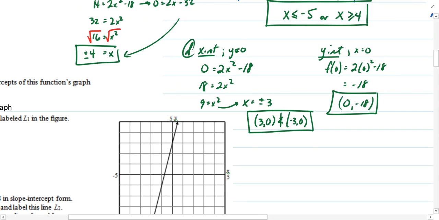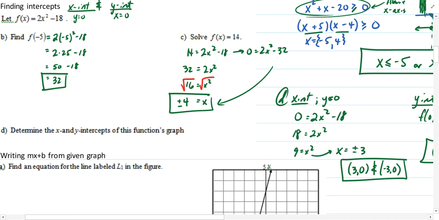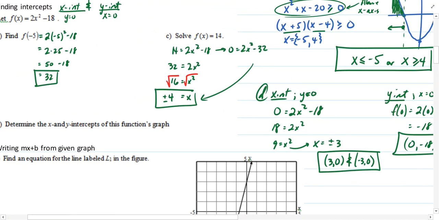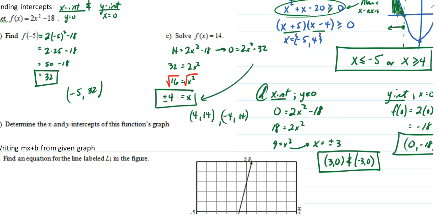Now, if the question went on further, asking you to sketch a graph of this, think of all of the specific coordinates we now have. We have a coordinate at -5, 32. That could be plotted. We have coordinates at 4, 14, and -4, 14. Wait, not 14.